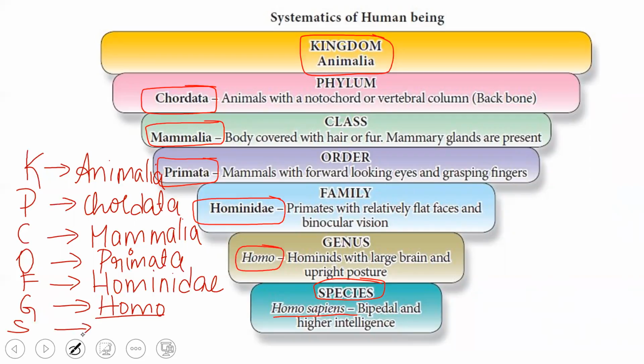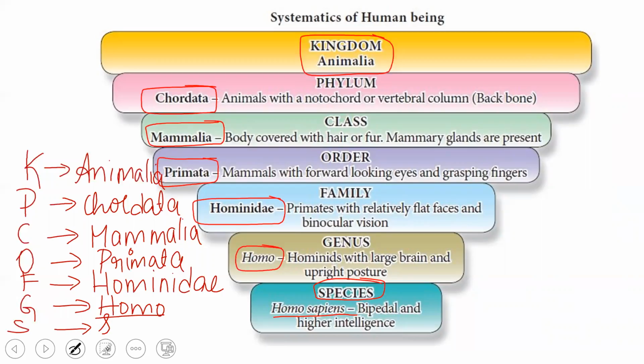Since I'm writing it, I'm underlining it. And sapiens. So this is the systematic arrangement in the taxonomic hierarchy in an ascending order.